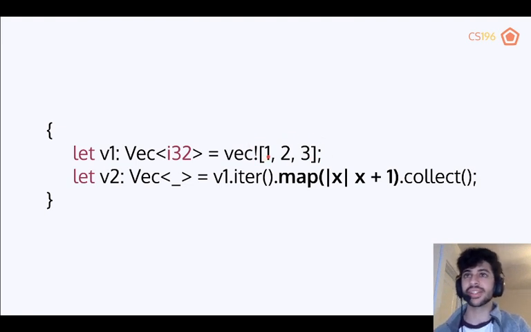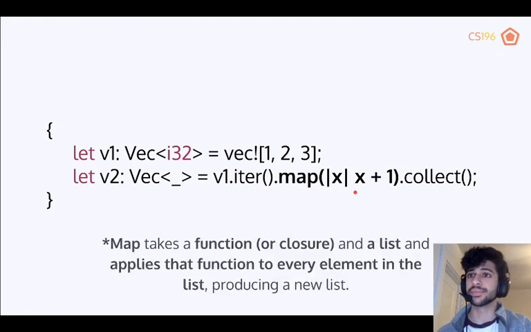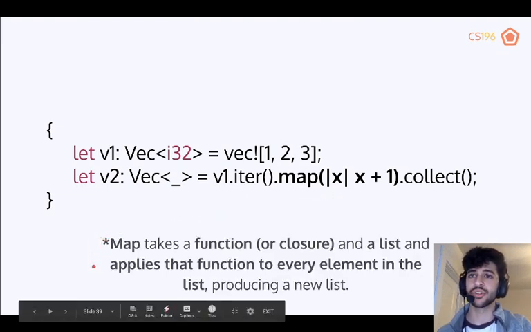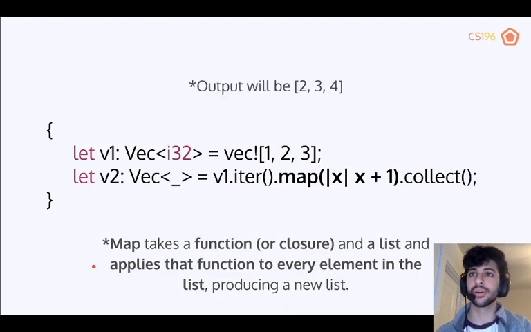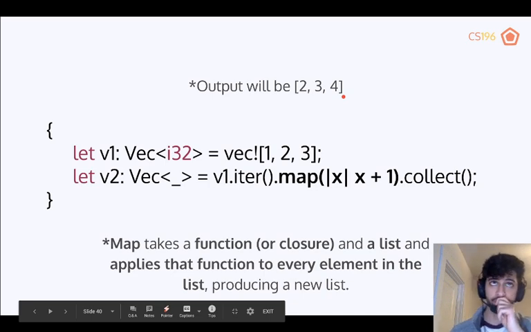What we'll see is that we'll apply that function on 1. 1 plus 1 is 2. This value in the list is 2. It'll do the same thing there, add 1 to it. And of course, the same thing with the third element here. So that is what the map function does. And we can see this right here. Map takes a function or a closure and a list and applies that function to every element in the list, producing a new list. In this case, the output will be 2, 3, and 4.